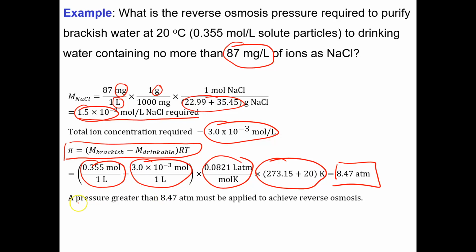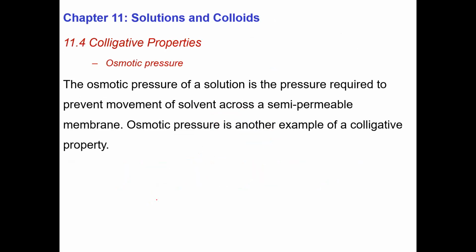So as long as I apply a pressure greater than that, then I will achieve reverse osmosis. And that's a pretty standard reverse osmosis problem where we just have to do a little bit of extra math and then phrase our answer correctly. Okay, so that concludes the section on our final colligative property, which is osmotic pressure.